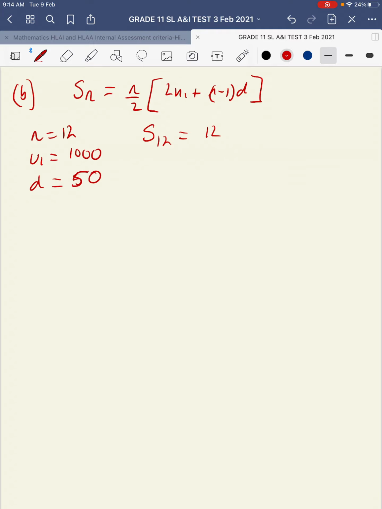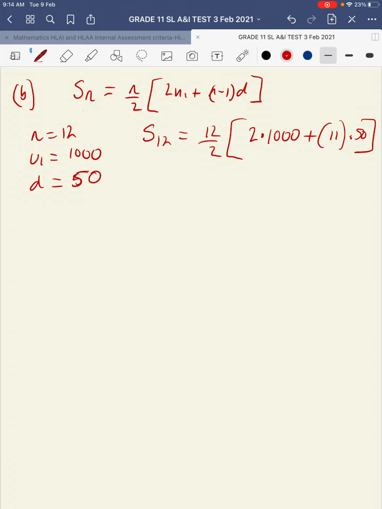S of 12 equals 12 over 2, open brackets, 2 times u1 plus n minus 1 times d. Again, I'm just going to go straight to my calculator and type all that in. It is 12 over 2, times, and make sure you get the open brackets in there. 2,000 plus 11 times 50.